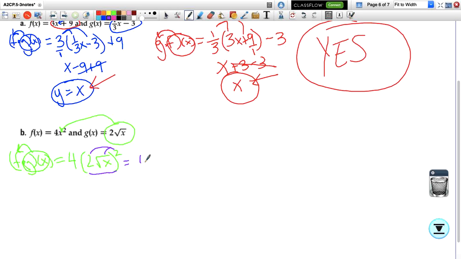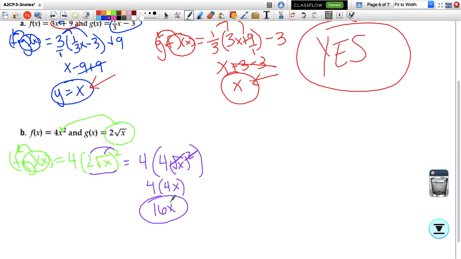This is the exact same thing as 4 times 2 squared, which is 4, and then the square root of x squared. Okay, and hopefully you're like, Miss White, square root squared, they cancel. I'm left with 4 times 4x. And 4 times 4x is 16x.